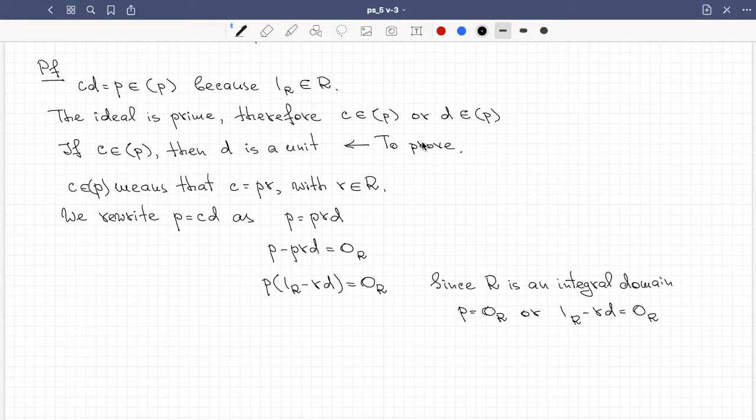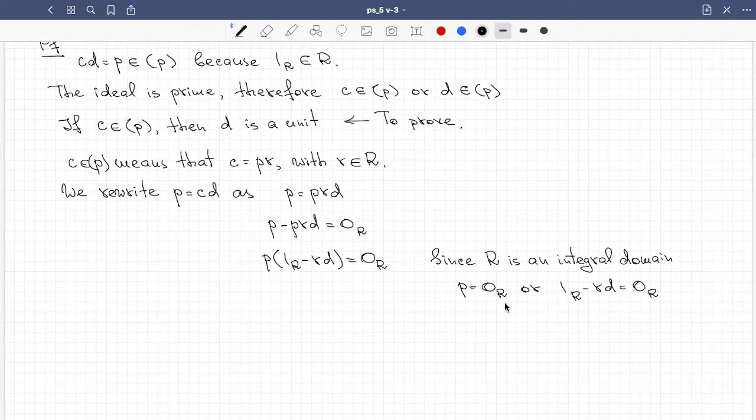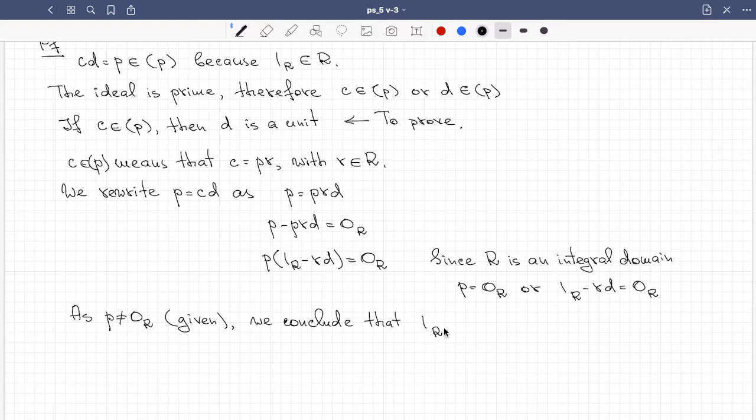So since P is not 0, as was given, or otherwise the question was incorrect, we conclude that 1 minus RD is 0, or let me write it the other way around.